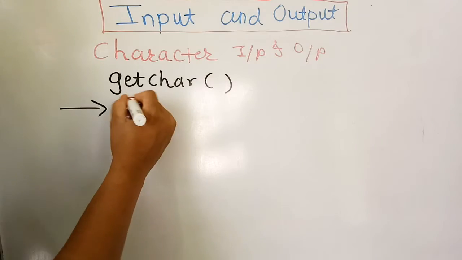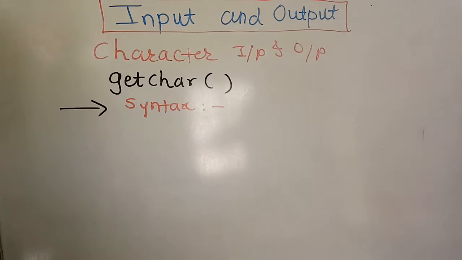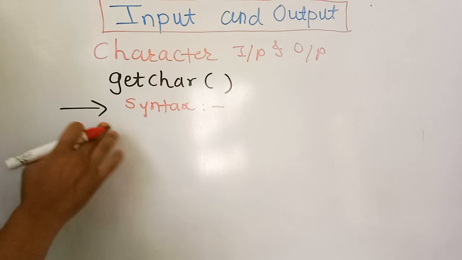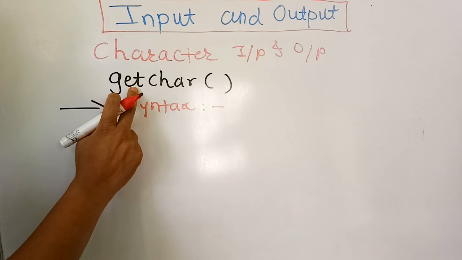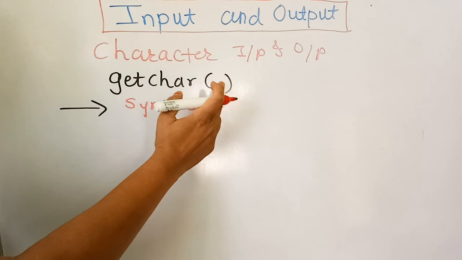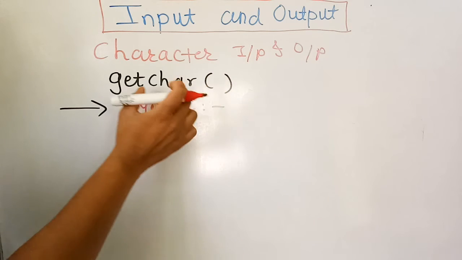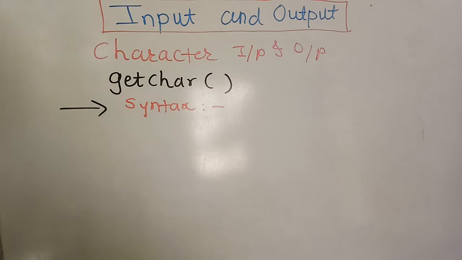Now we will see the syntax of the getchar function. Any function that is used for accepting input takes the input from the user into its mechanism, but to use it further in the program, you have to store it in another variable.